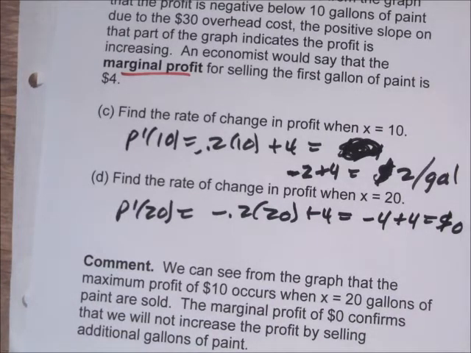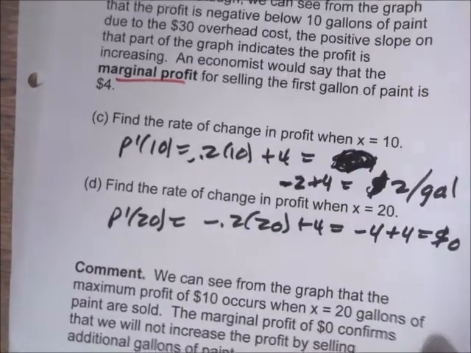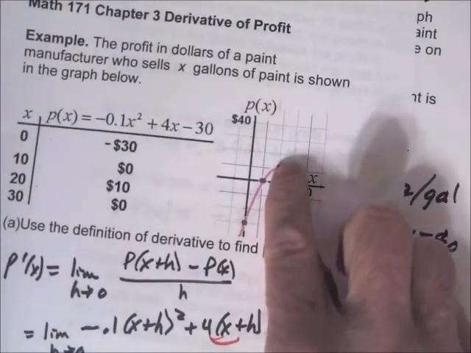That's actually the point where you probably want to avoid selling more gallons of paint, because you're not making any marginal profit at that point. It corresponds to the peak profit. If we look at the graph, at 20 gallons of paint, that's actually the peak profit.